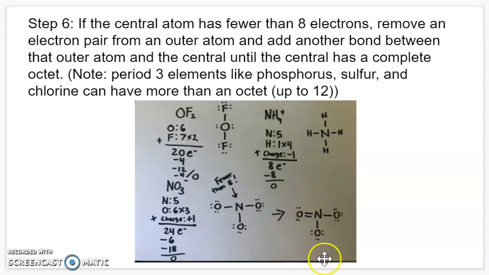So this is where this is going to apply. Now, in the example here, I pulled one of the lone pairs off of this oxygen and then turned it into a double bond with the nitrogen. And this works out just fine because this oxygen has 2, 4, 6, 8, and then now this nitrogen has 2, 4, 6, 8. So this one is good now that we've switched that lone pair over to another bond to make a double bond.